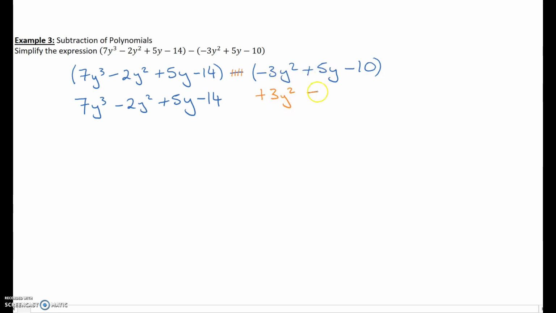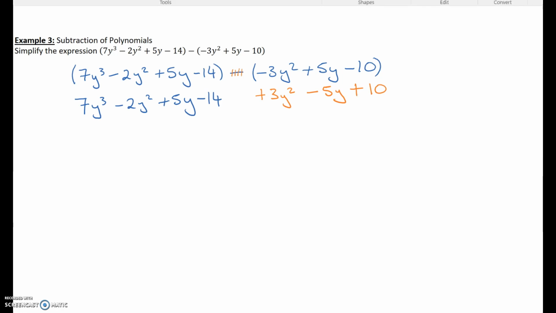Plus 5y becomes minus 5y, and minus 10 becomes plus 10. Okay, so the minus sign goes away, and we strip off the parentheses, but it changes the sign of every piece, and you have to remember to do it to every piece. Every term that's inside has its sign changed.